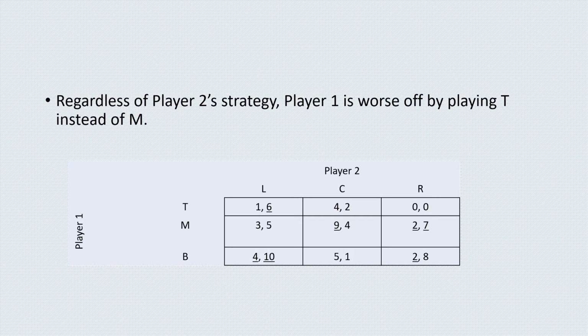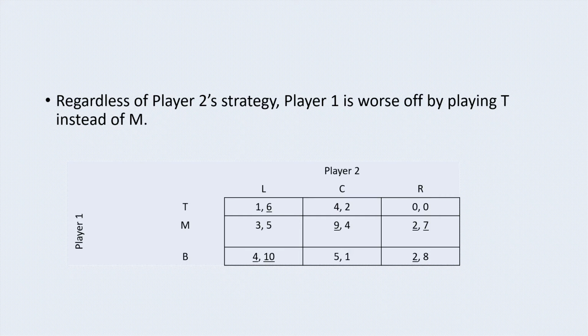Let us compare T and M. Since player 1 is the owner of these two strategies, we will do this comparison from the perspective of player 1. As you can see, if player 2 plays L, then player 1 prefers to respond by playing M instead of T.